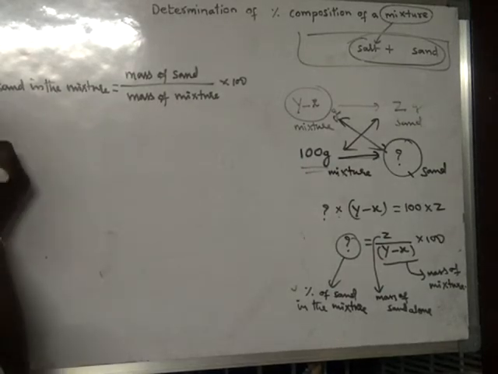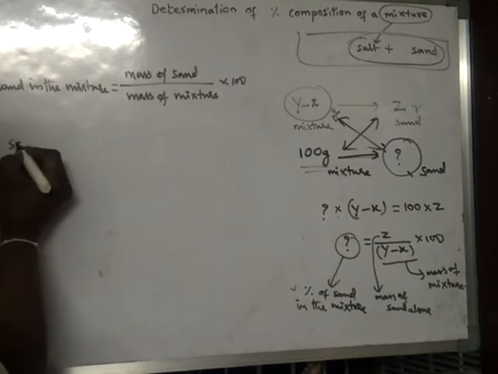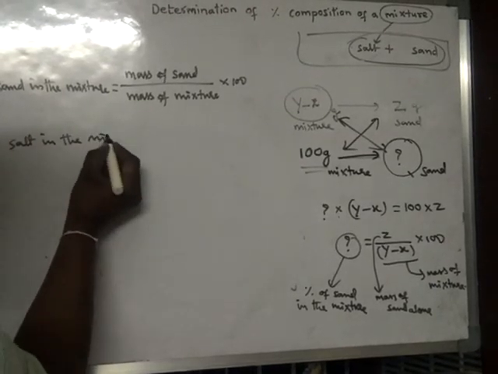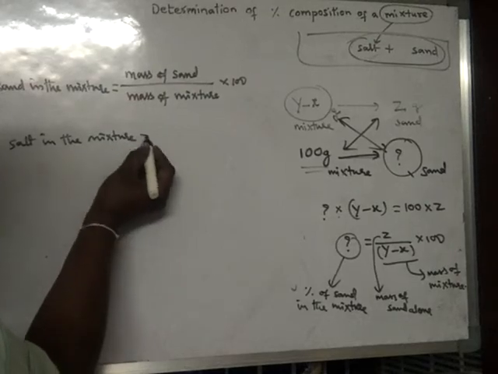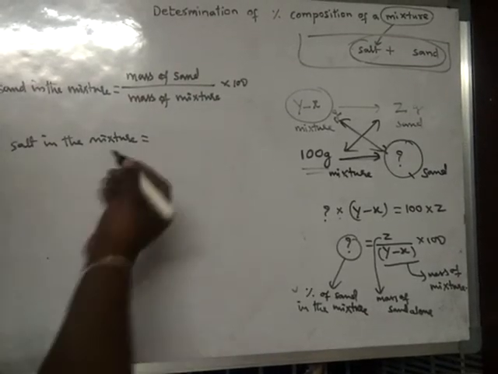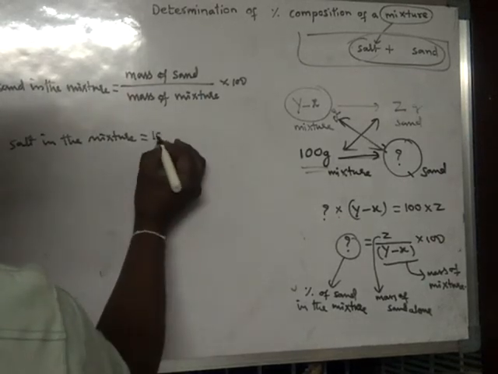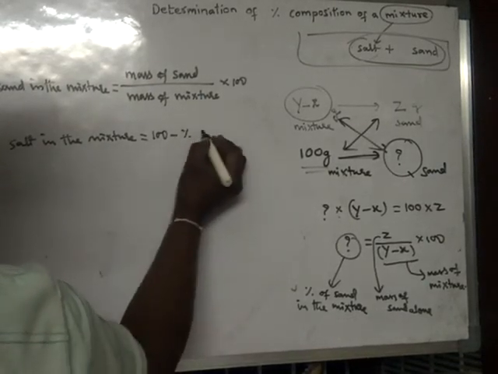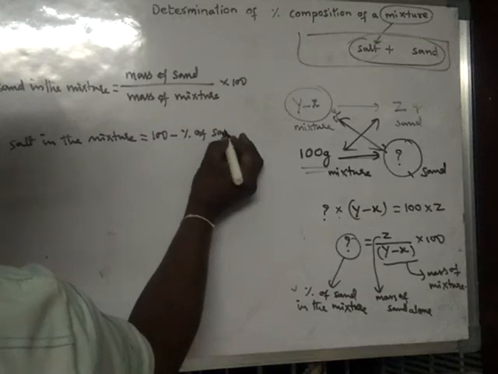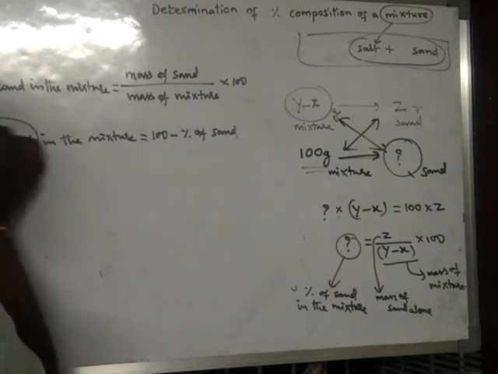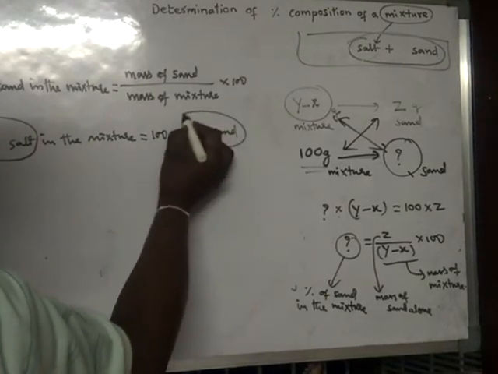Now what will be the percentage of salt in the mixture? The percentage of salt in the mixture can be calculated simply by subtracting the percentage of sand from 100. 100 minus percentage of sand gives the percentage of salt in the mixture.